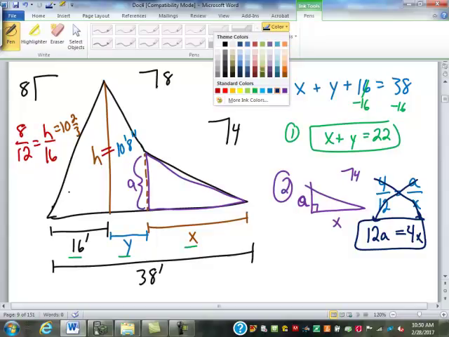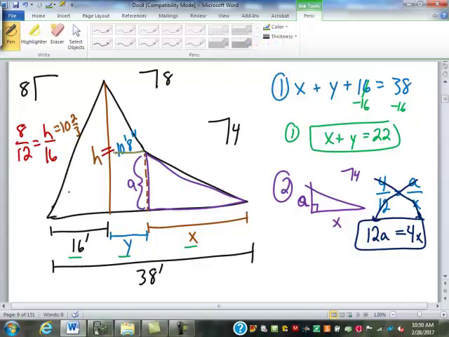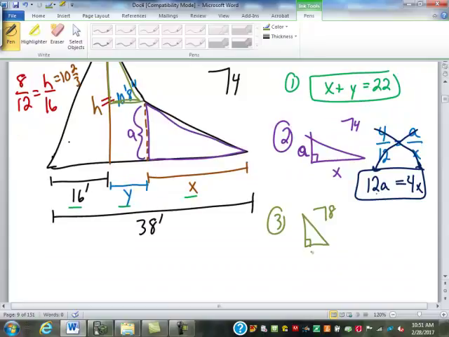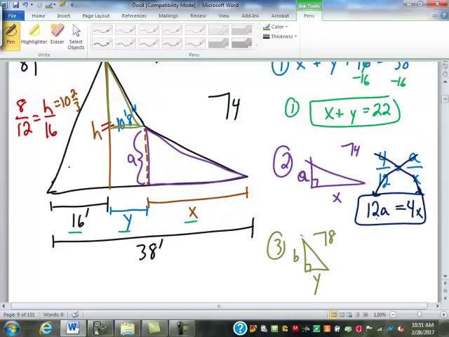Next, I'm going to look at this triangle right here. So we're looking at 3 here, and we're looking at that triangle. I know that is an 8:12 slope. What do I know? I know the bottom of it is what? What I defined to be y, right? I'm going to call this b. So that means this piece here is b.